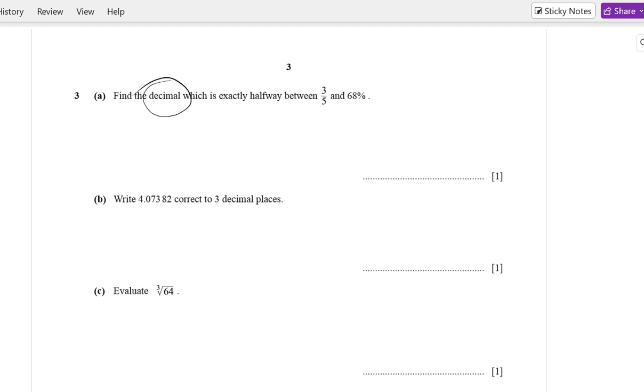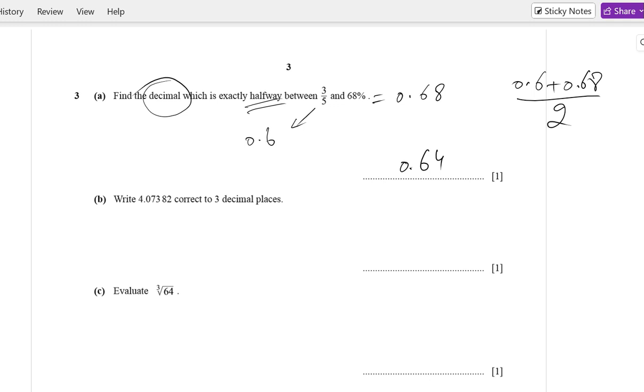Find the decimal that is exactly halfway. We need to find the decimal. Halfway means your median or midpoint or average. Let's convert them into decimals. 0.68, 0.6. You can do it with mental math and you can verify it with your working as well.